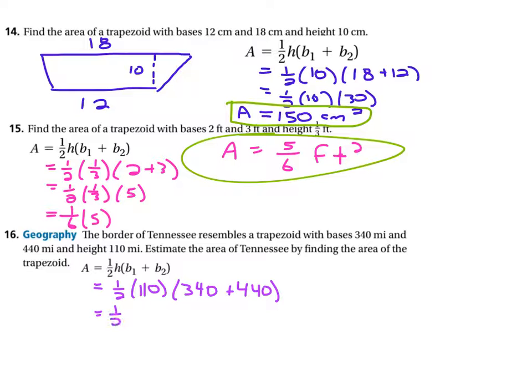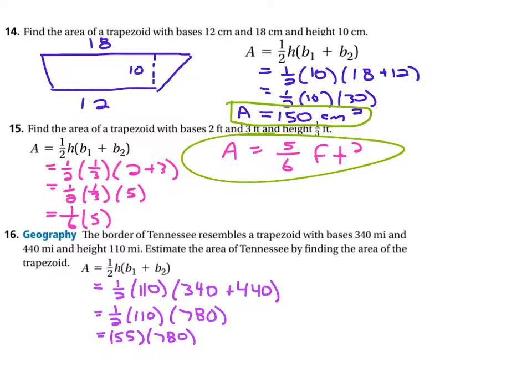So we will say, okay, that is 1/2 times 110 times 340 plus 440 is 780. And then we could say 1/2 of 110 is 55. So you've got 55 times 780.